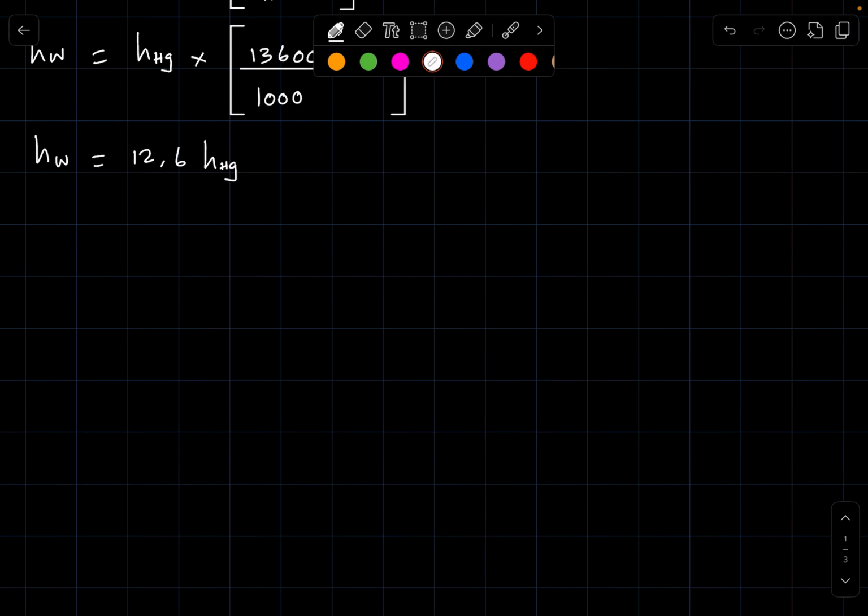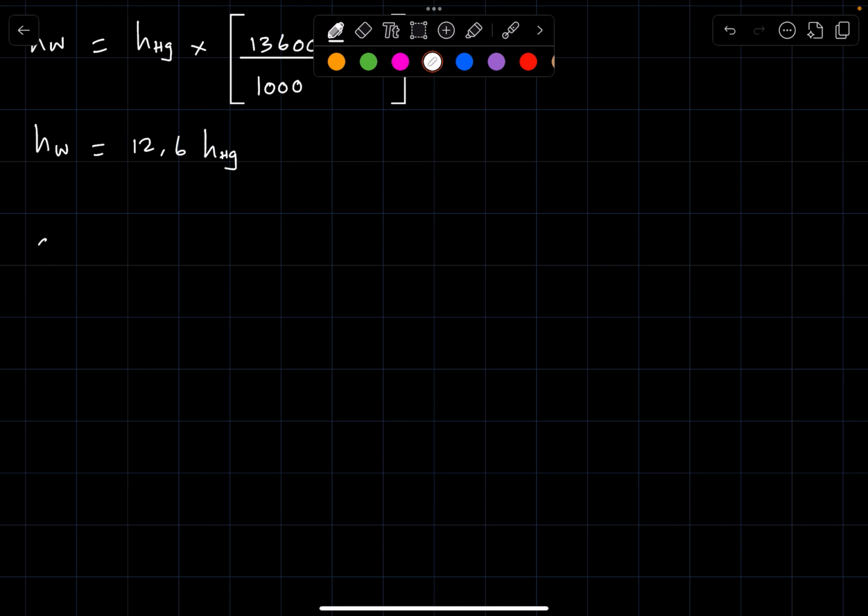Another one would be this one, Q. What is this? Flow through an orifice. We know Cd is equal to Q_A divided by Q_T, that's the actual discharge divided by the theoretical discharge.